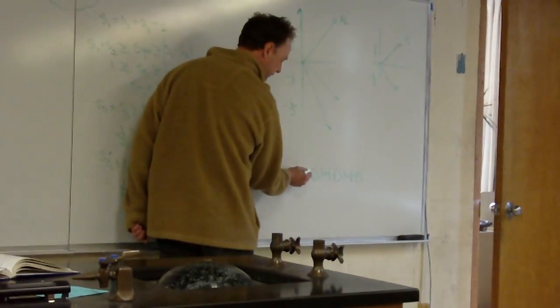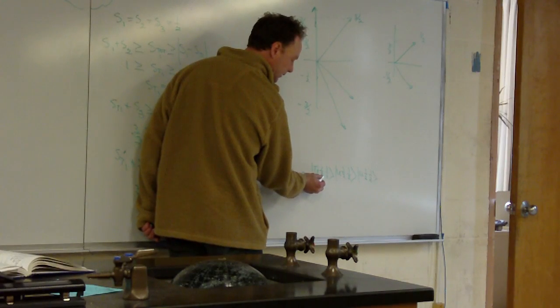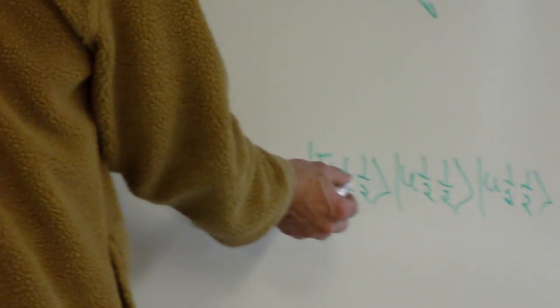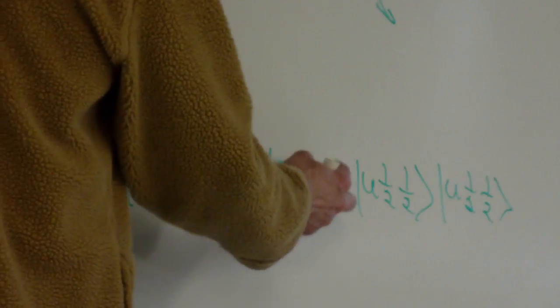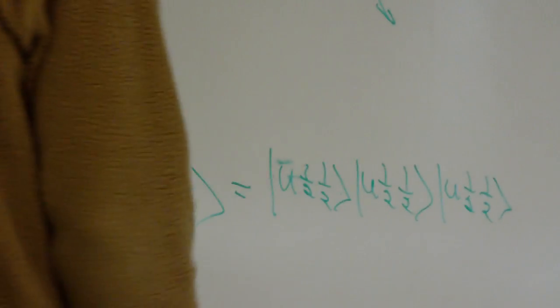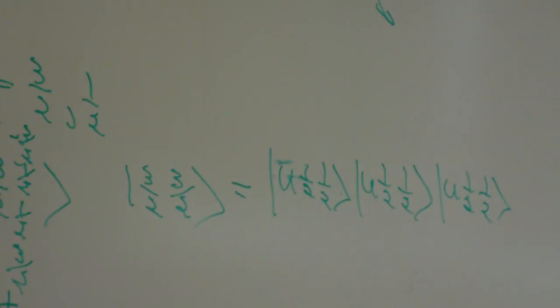What is the first half? That's the magnitude of the spin. It's always going to be a half. It's a fermion, it has total spin of a half. What does the next half have to do with? It has to do with its projection.